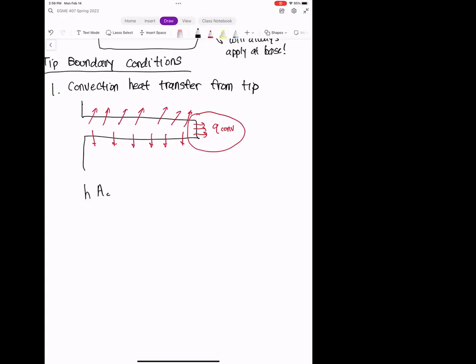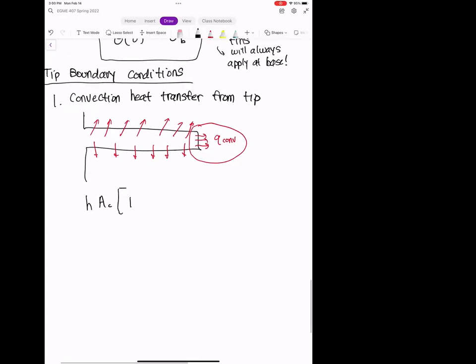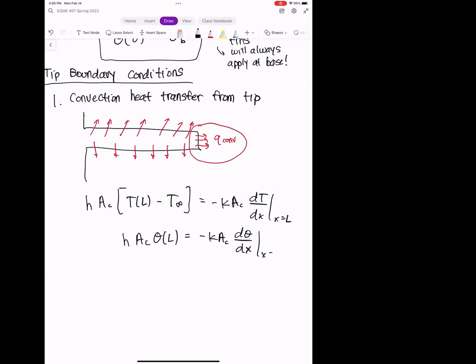Mathematically it looks something like this: h times A_c times (T at L minus T infinity) is equal to minus k A_c times dT/dx at x equals L. If we substitute our excess temperature here, just to make this mathematically a little bit easier, then we have h A_c theta of L is equal to minus k A_c times d theta/dx, evaluated at x equals L, where L is the length of the fin. So L is this length.